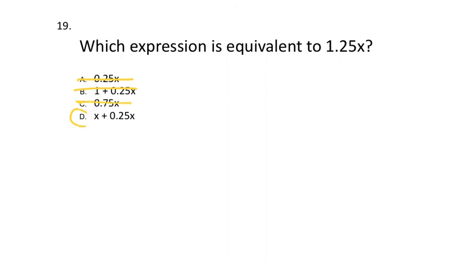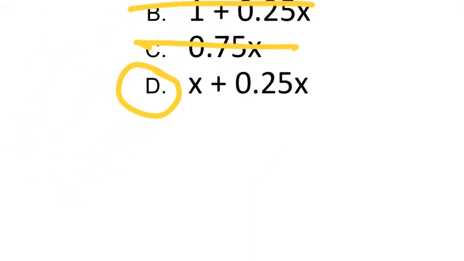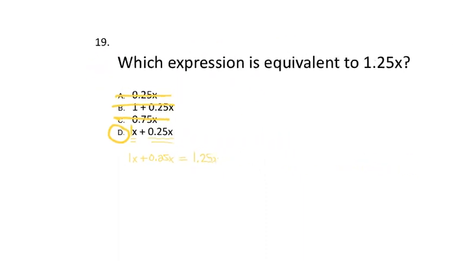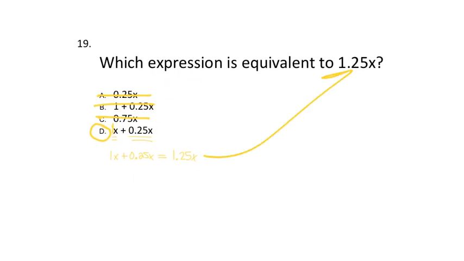So it has to be D, but let's make sure we understand why. There's actually an understood 1 with this x here. And because each of these has an x, that makes them like terms. So we can add 1x plus 0.25x, and that would give us 1.25x. So that's why it works. It matches.